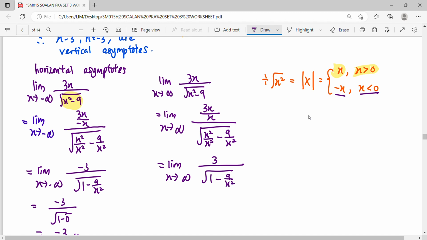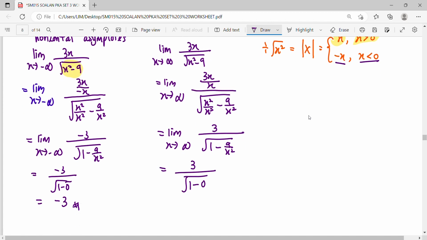Then when we substitute infinity, 9 over infinity is 0, so 3 over square root of 1 is 3. So we can conclude the horizontal asymptotes are y equals negative 3 and y equals 3. We have two horizontal asymptotes here.